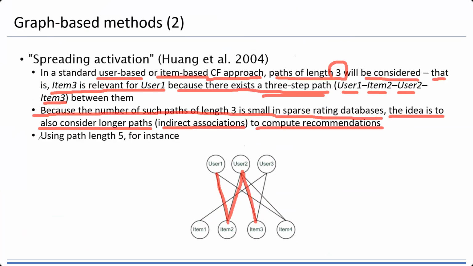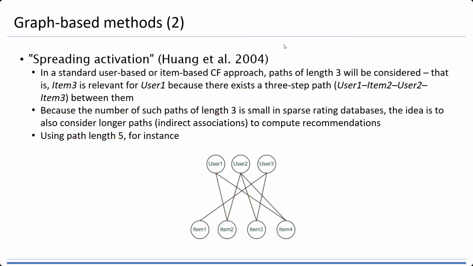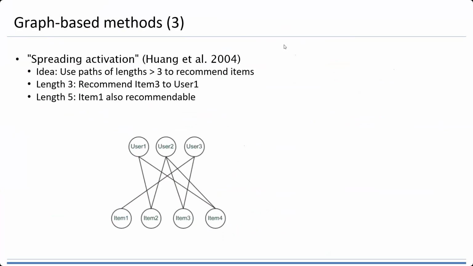For example, we can use a path length of 5. If we consider the path length of 5, it means we can consider something more like this one.